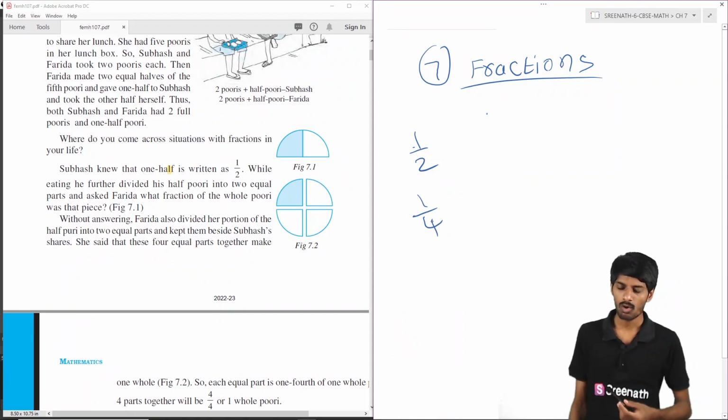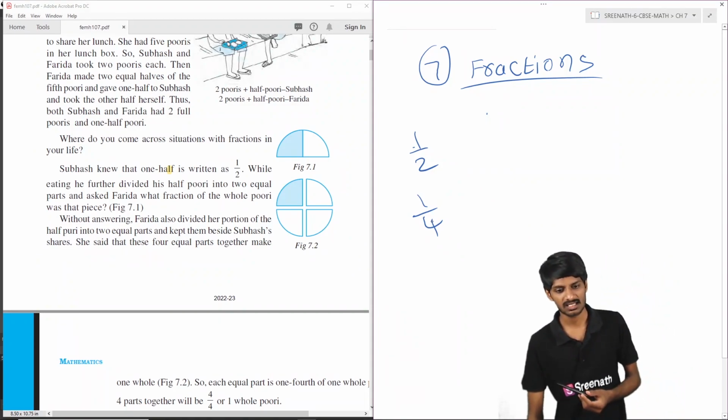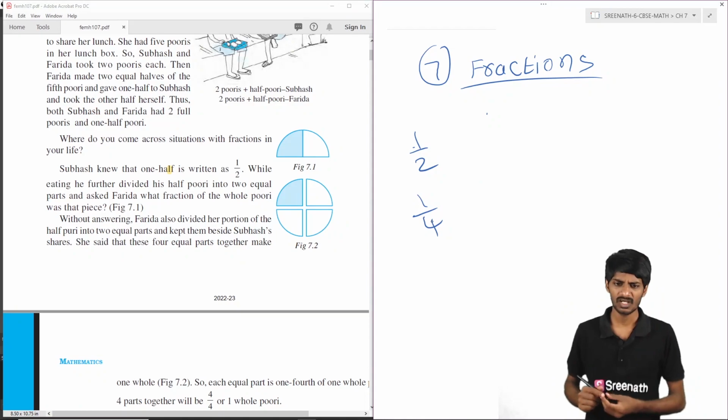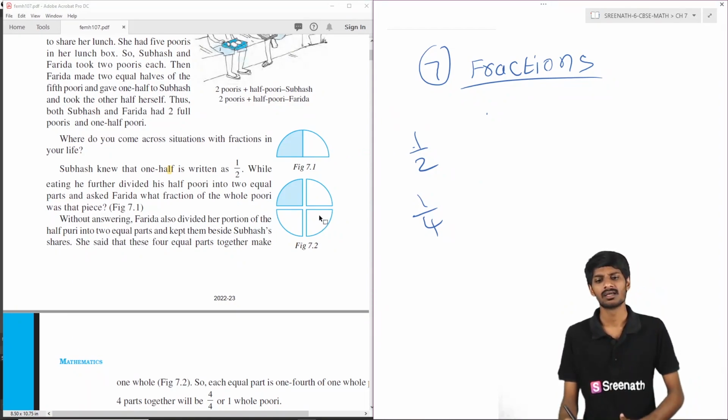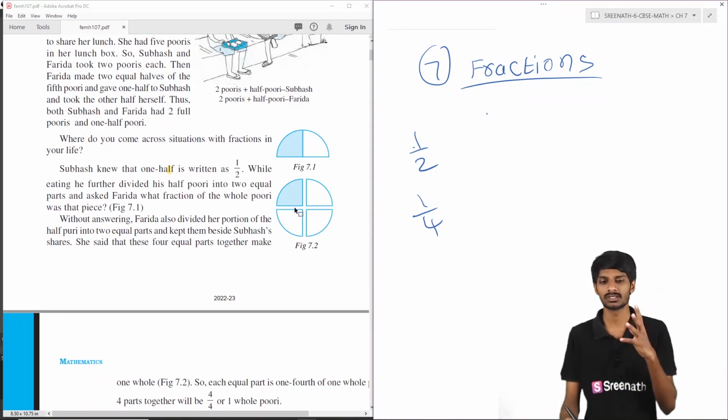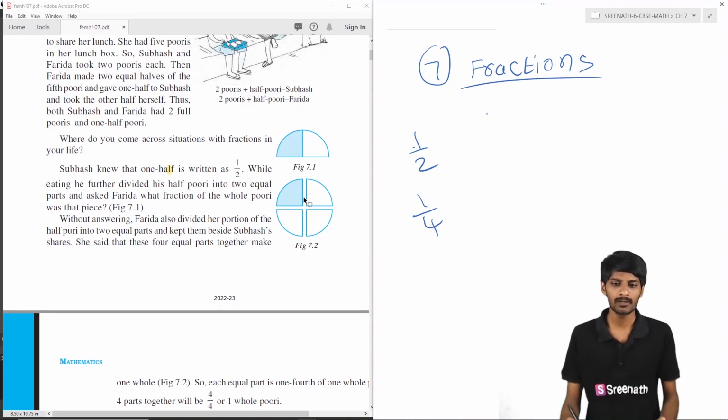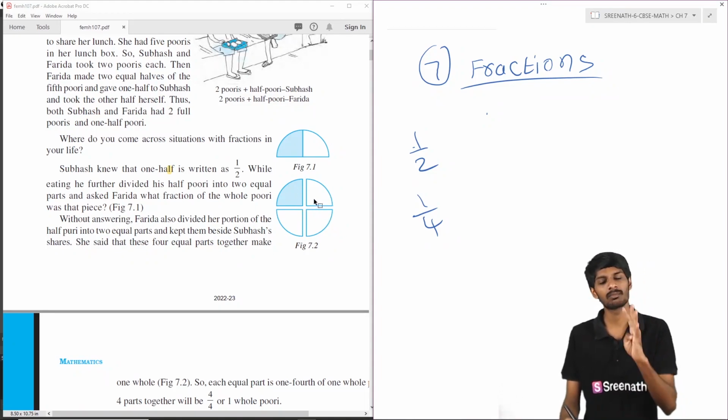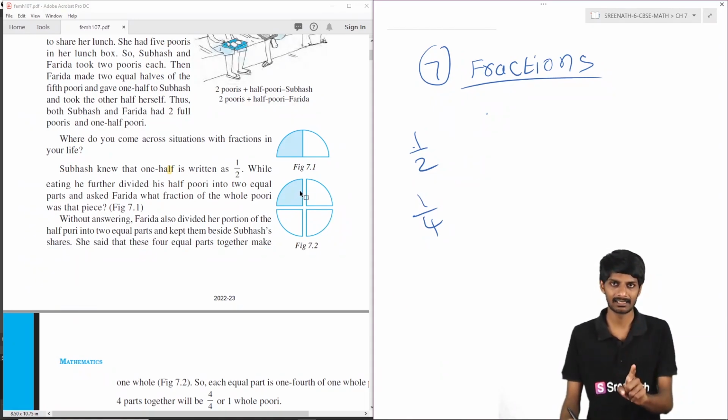So students, what does 1/4 mean, and what does 1/2 mean? Here there is a single puri, one puri, made into 4 equal parts. Out of the 4 equal parts, one part is shaded.